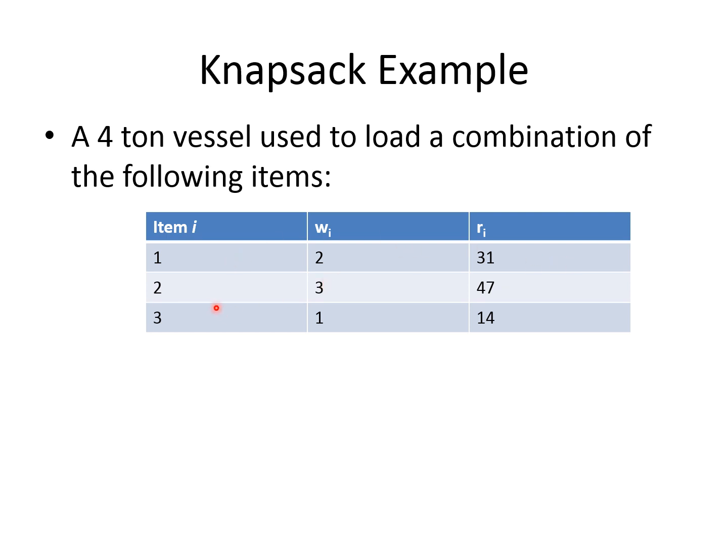Item 2 has a weight of 3 tons, and the reward is 47 per item. And there's a third type which has a weight of 1 and a reward of 14. If you carry 2 of these, you'll get double the 14, which is 28, and so on. So the question is, how many items of each type should we carry to maximize the reward of this vessel?